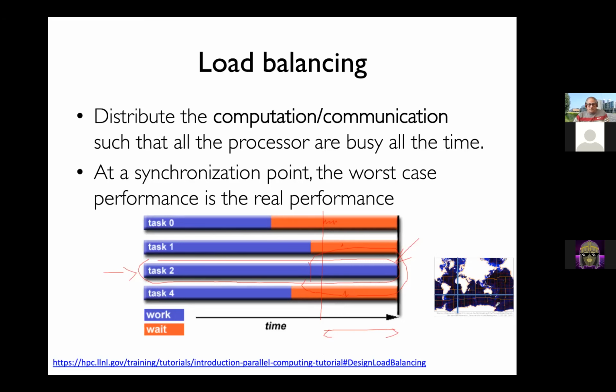If I just take the data, cut it and give it to 4 CPUs here, then this CPU will have a whole piece of data which it is not really interested in because we are in the ocean. This one will have a lot of things to calculate because there's only this part, and this one might also have a lot of white place that we don't want to calculate, etc. So this is not really the way we should balance the data between our processors.